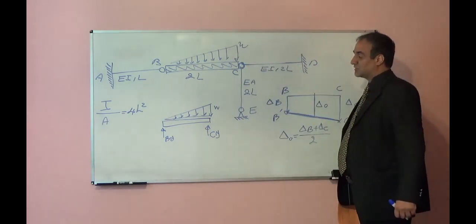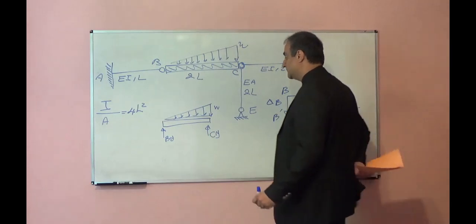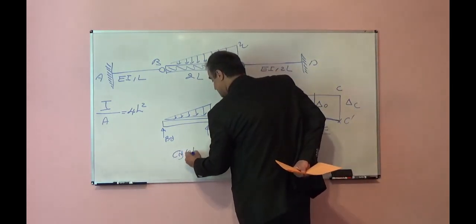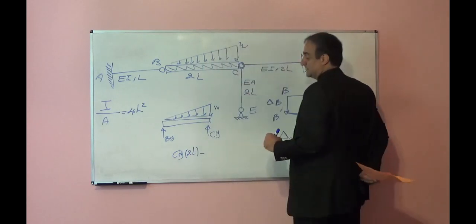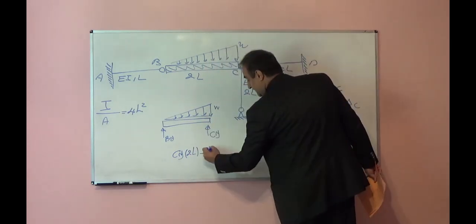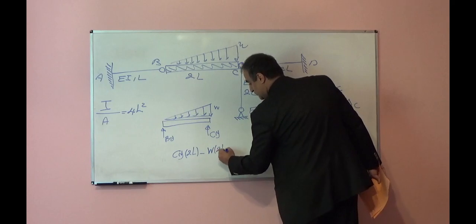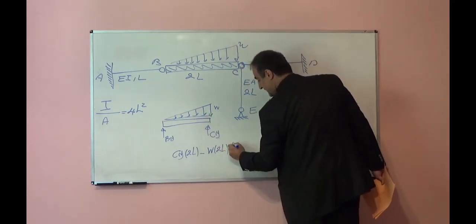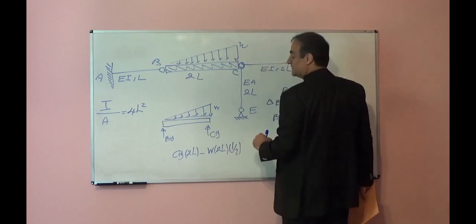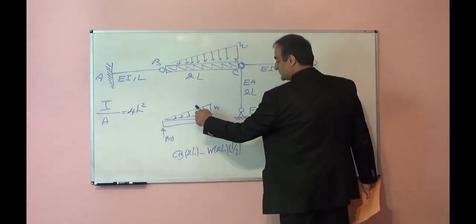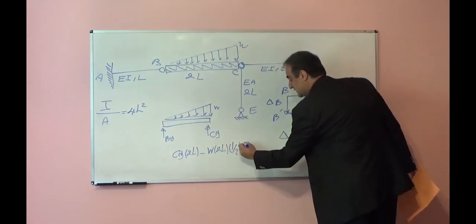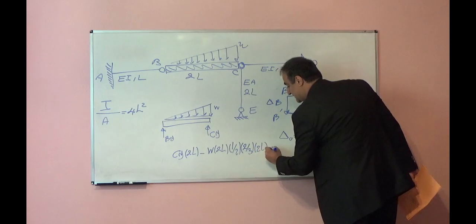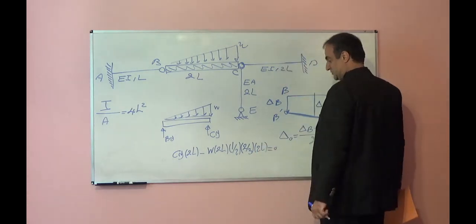We can take moment with respect to, for example, B. In that case, Cy times the distance 2L minus the area, W times 2L times half, times the distance from the centroid up to point B, which is 2/3 times the length 2L, is equal to 0.